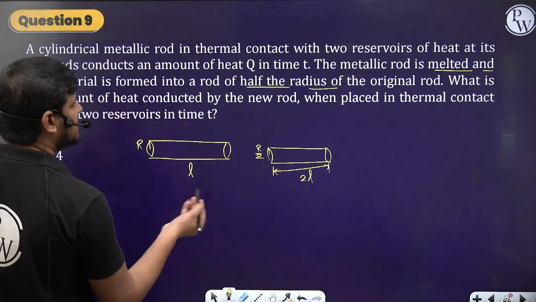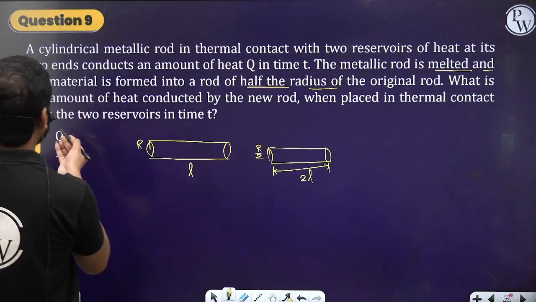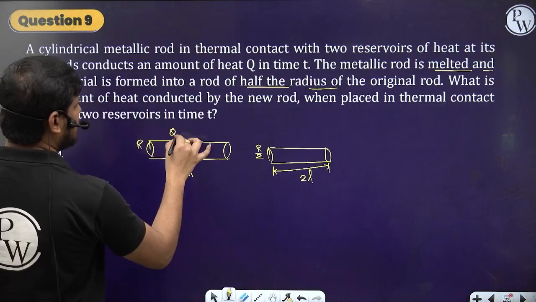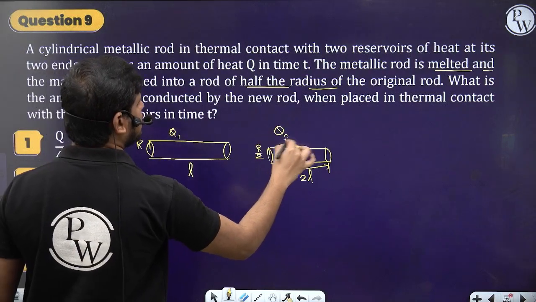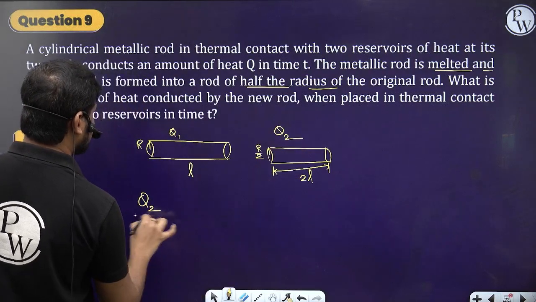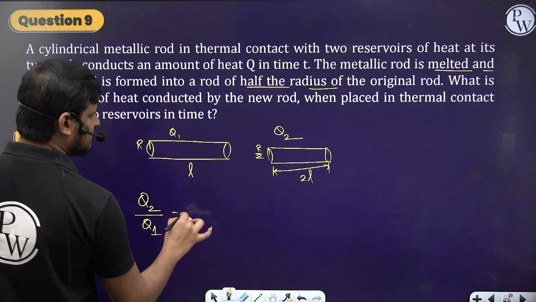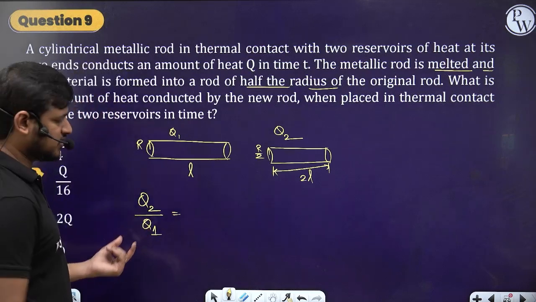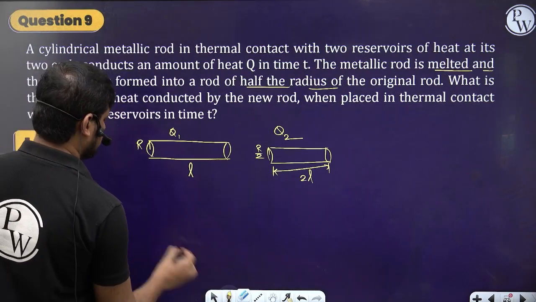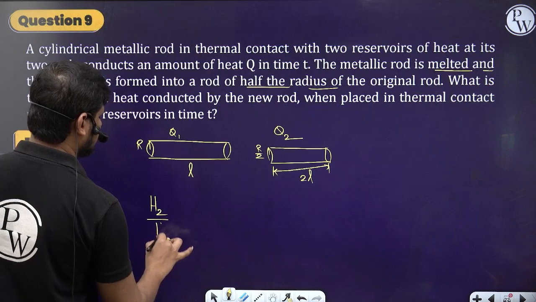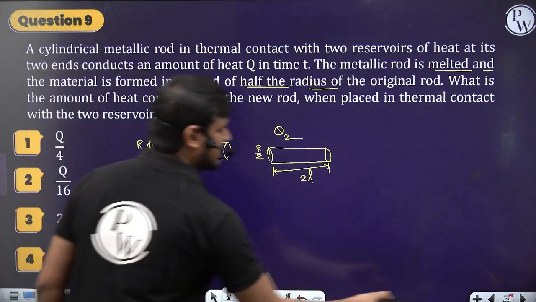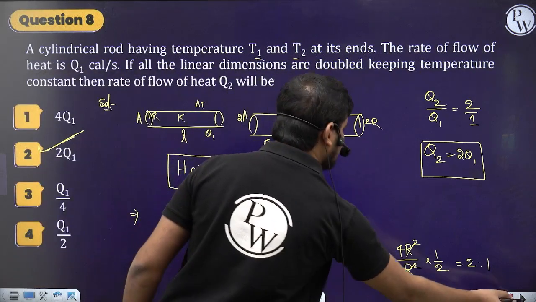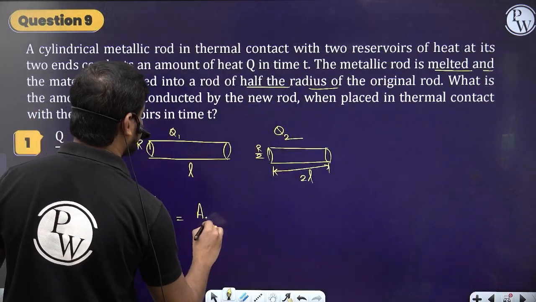Then you can apply the same concept here, when it is placed in thermal contact with the 2 reservoirs in time t. Let the heat here be Q1 and here Q2. Again you can do the same thing. Q2 by Q1, or H2 by H1, is equal to A2 by A1 into L1 by L2.